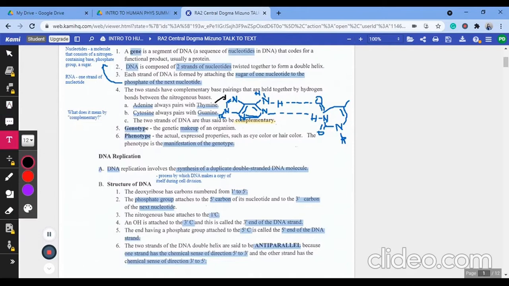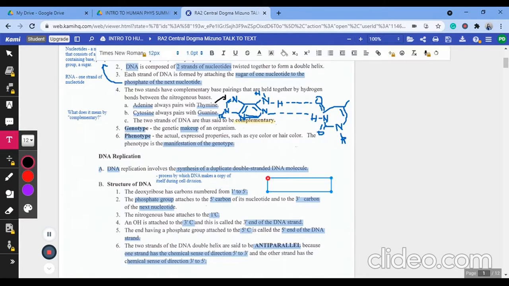So number one, the deoxyribose has carbons numbered from 1 to 5. Okay, so first off, why are the carbons numbered from 1 to 5? What is its purpose?